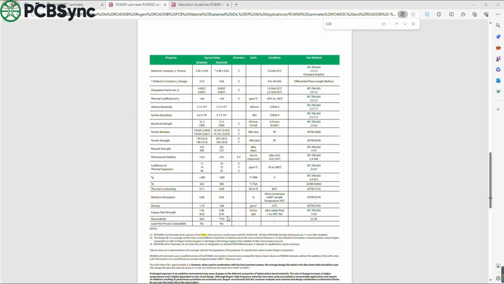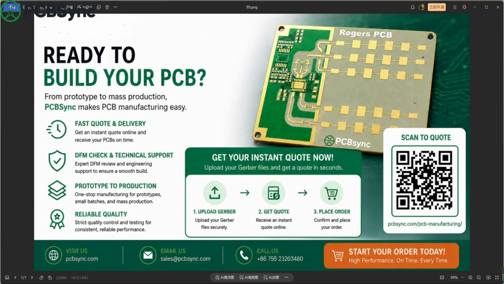Water absorption is used to determine the material's stability in humid environments. And UL94 V-0 is about whether the product meets certification requirements. Once you understand these parameters, you won't just choose materials based on DK and DF alone. Instead, you'll make a comprehensive judgment from the perspectives of electrical performance, thermal reliability, certification, and manufacturing requirements.